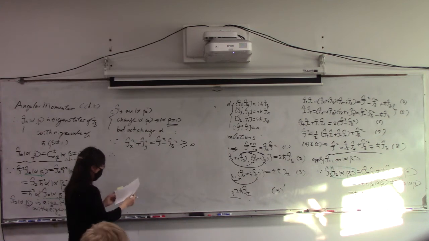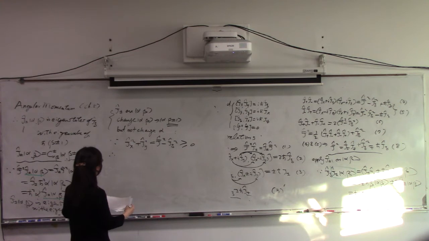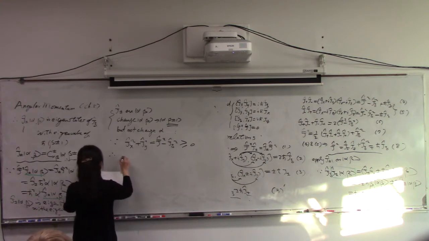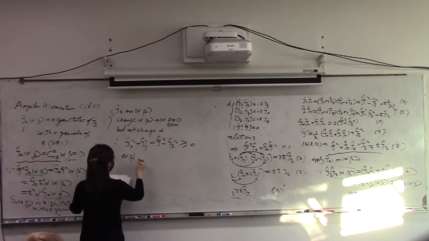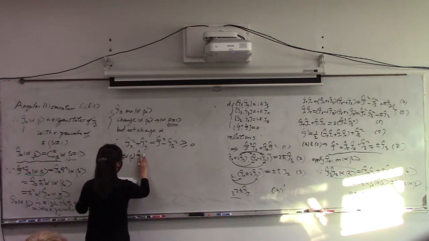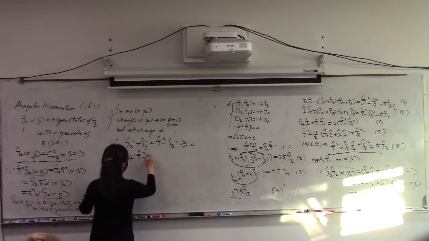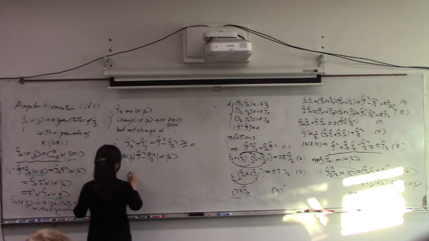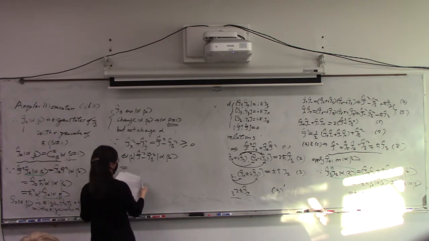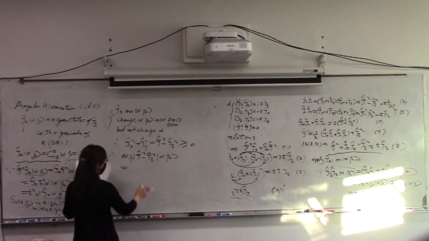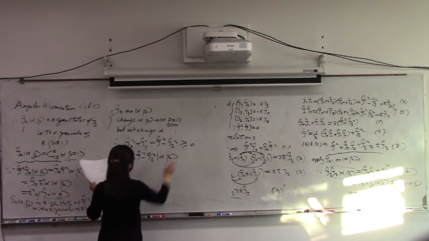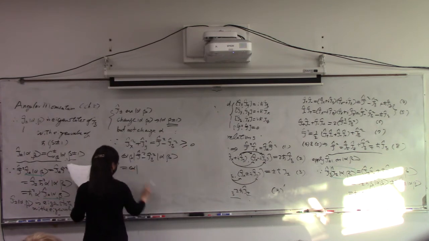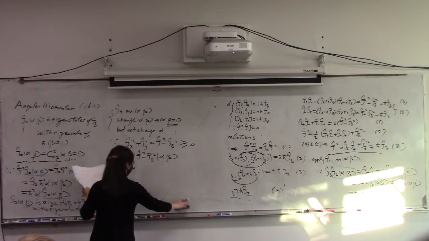So what happened? Then we have this inner product of J squared minus J z squared on this eigenstate, which must always be larger or equal to 0, and these are joint eigenstates of these two.